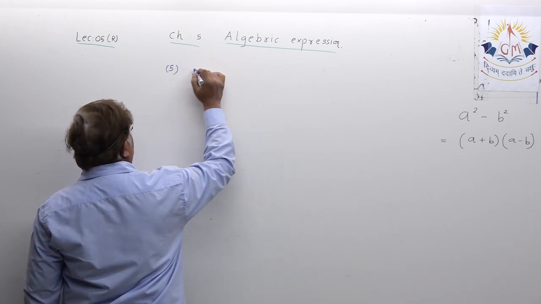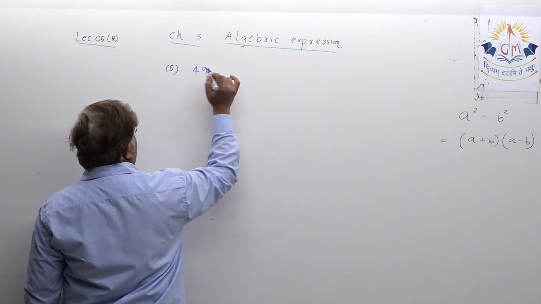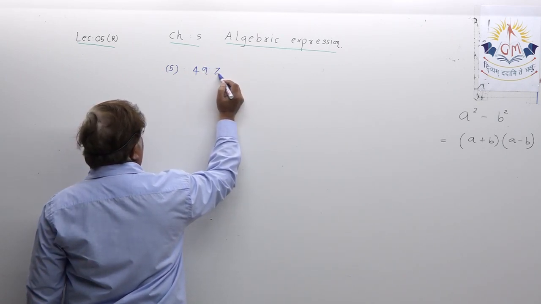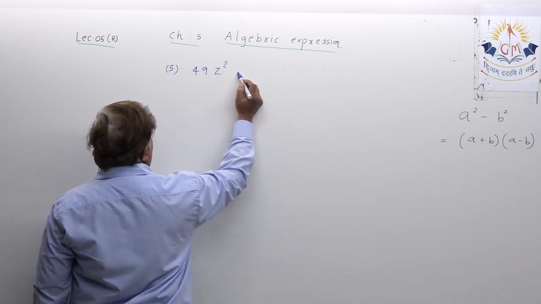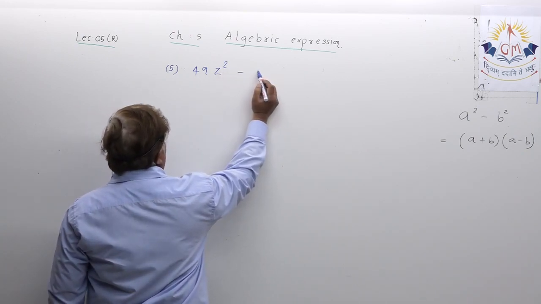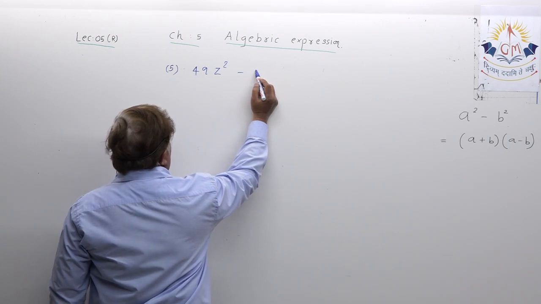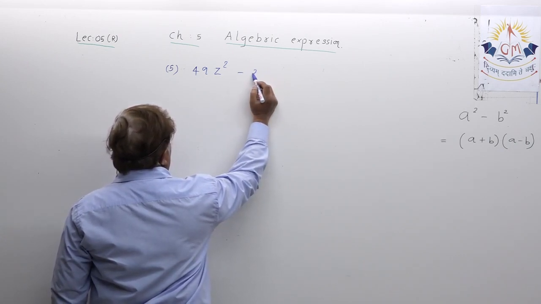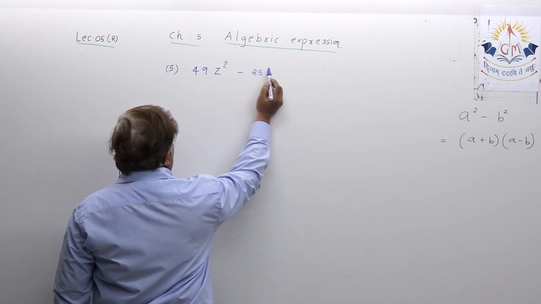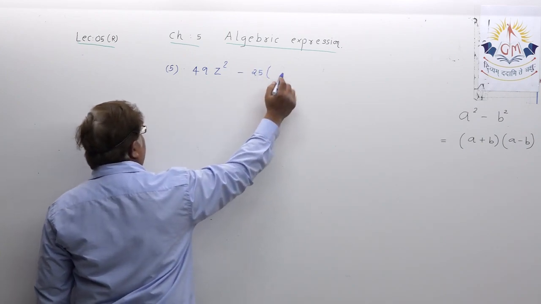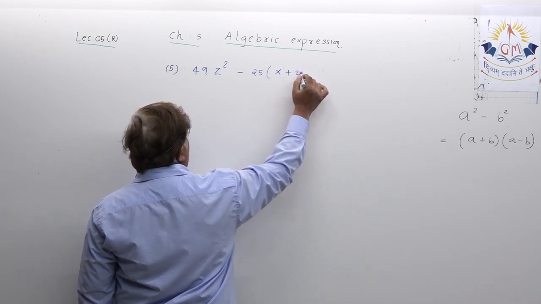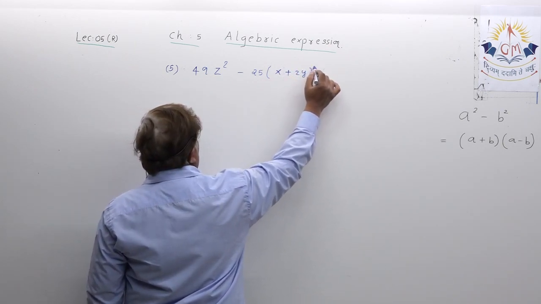This is 49z square minus, let us take like this 25 in bracket x plus 2y whole square.